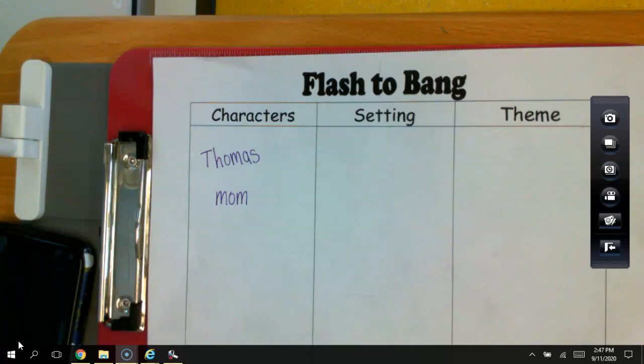So when I'm thinking about the setting of the story, I remember reading that it was the weekend. He did not have school. He did not have karate practice. Okay? He wanted to go outside and play. So if I'm looking at it, the story begins in Thomas's yard on a Saturday.